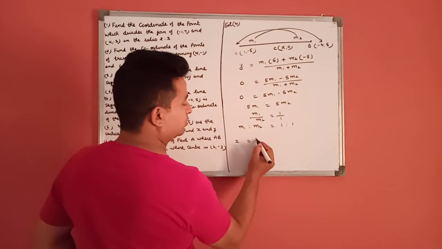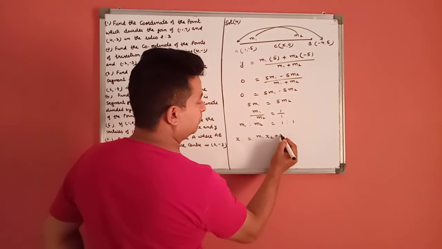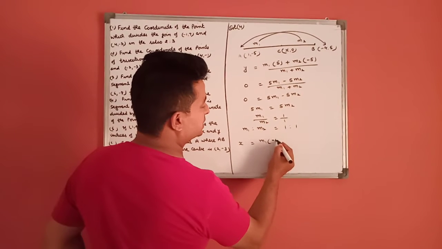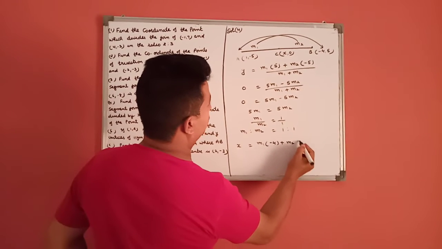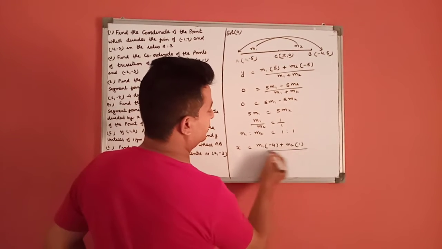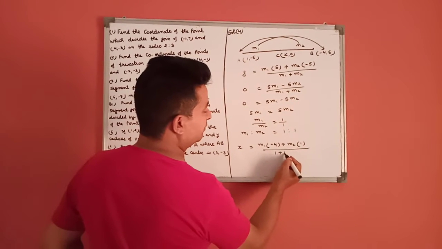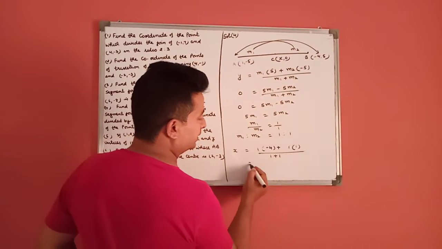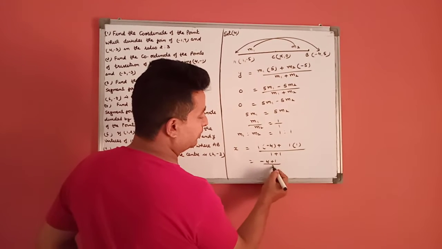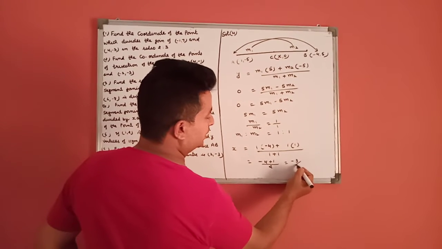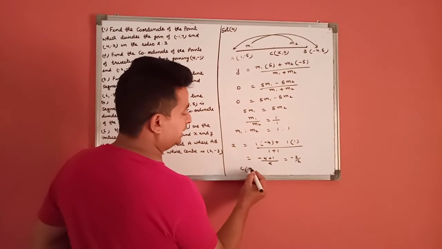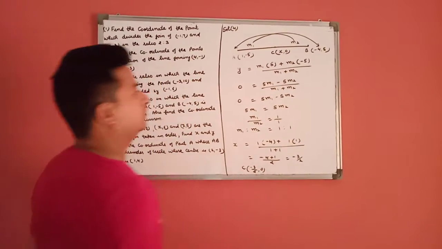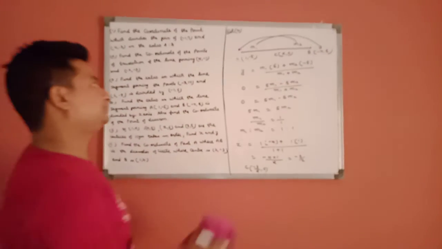X is equal to (m1 x2 plus m2 x1) over (m1 plus m2), so this is (4 plus 1) upon 2, that is 5 upon 2. So point C is (5/2, 0). This is the solution of question number 4.